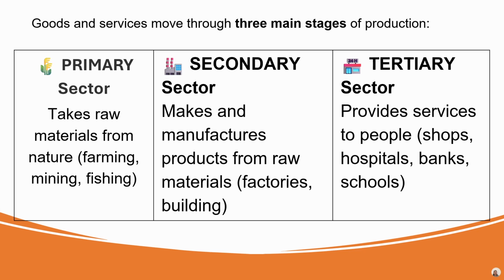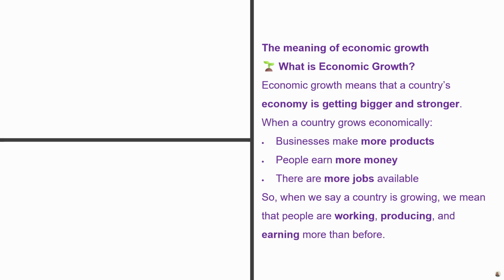Our secondary sector can also be a university where they train people to work in the tertiary sector to offer services. Right, so our economy grows because we use the factors of production and the stages of production and our inputs and outputs to grow our economy, to make it stronger and bigger. Now, businesses make more products.